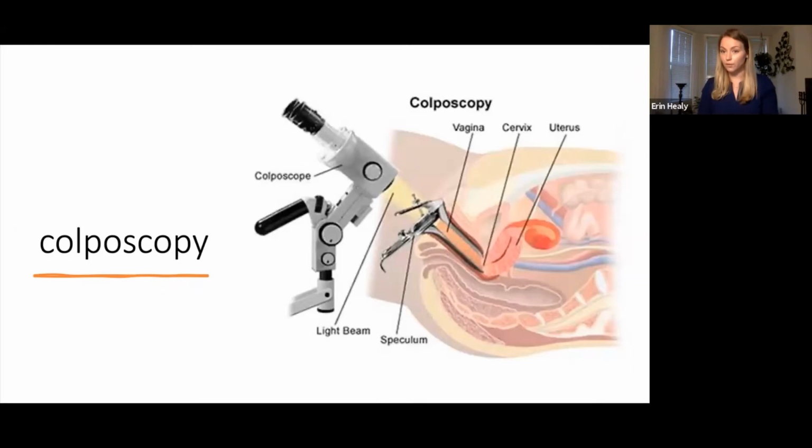Well, if you do have cells that come back a little peculiar, doesn't necessarily mean they're precancerous, but oftentimes we'll go take a sample. And so the colposcopy, you use this microscope and you get a larger view of the cervix. You put a solution over the cervix, and the solution will change color of any cells that are atypical. And then a biopsy, or a little pinch of the tissue of the cervix, will be taken and sent to the lab, and a pathologist will look at it closer and let you know how concerned you need to be.